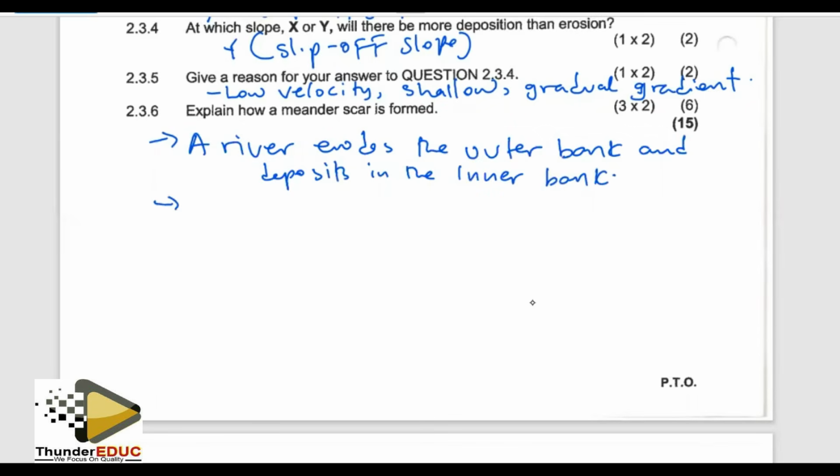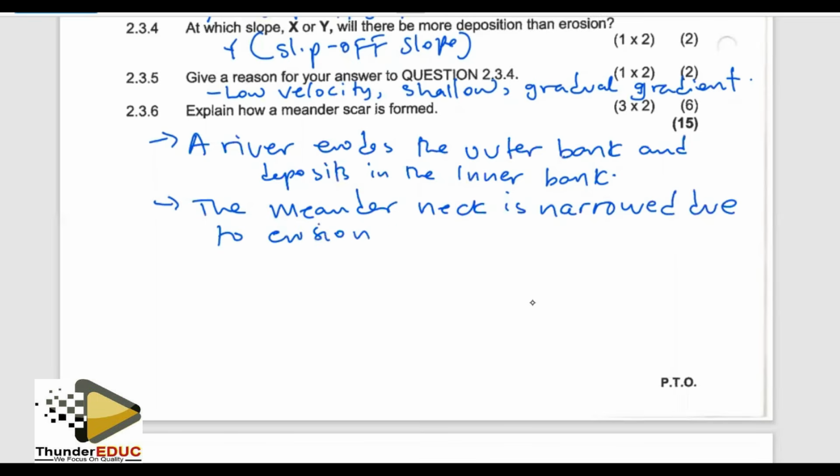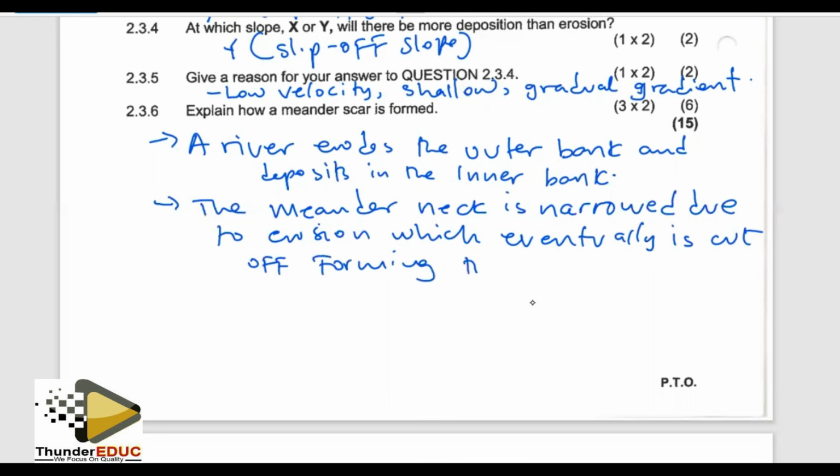Then the meander neck is narrowed due to erosion, which eventually breaks, is cut off, forming the Oxbow Lake.